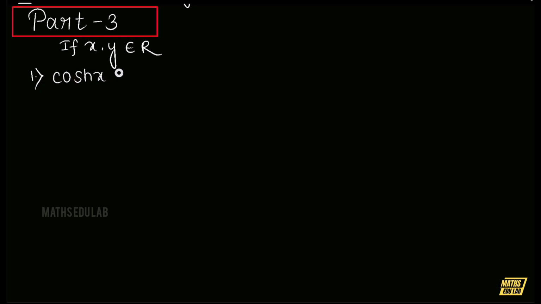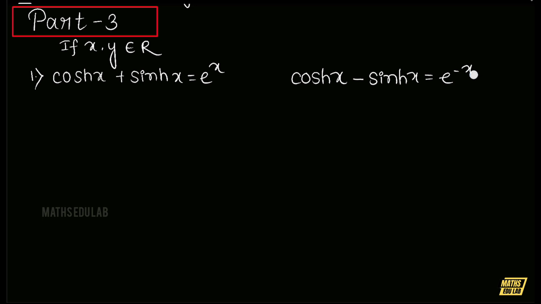which is equal to e to the power of x. Similarly, cosh x minus sinh x is equal to e to the power of minus x. So let's prove this one.